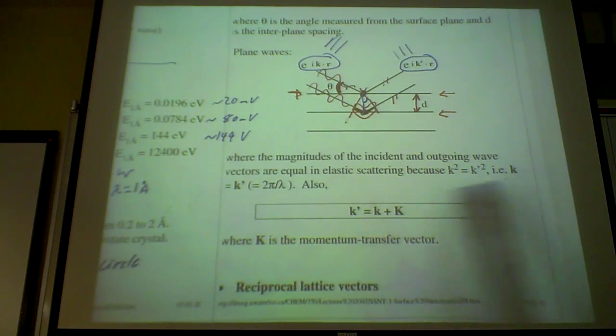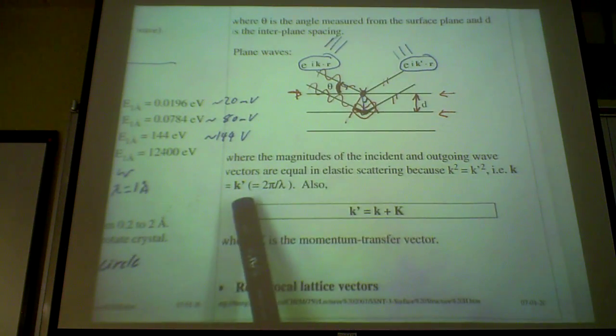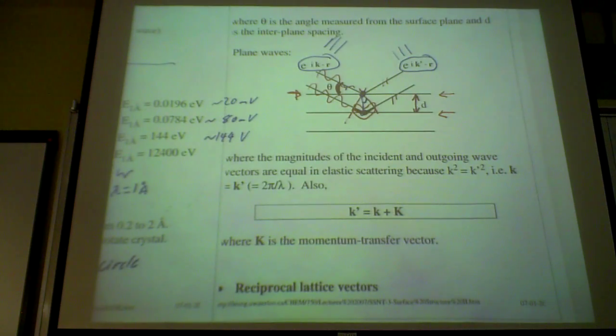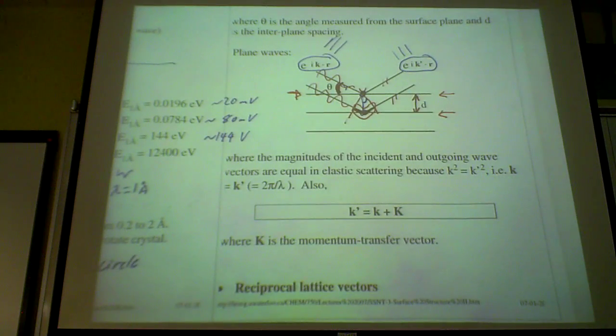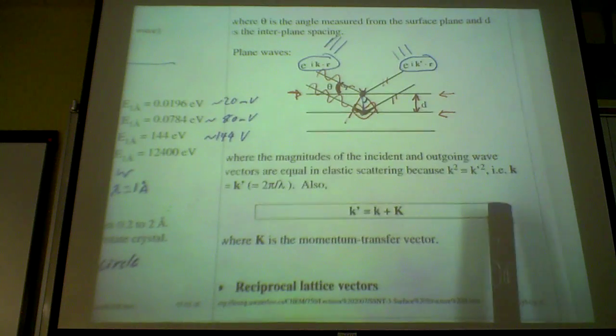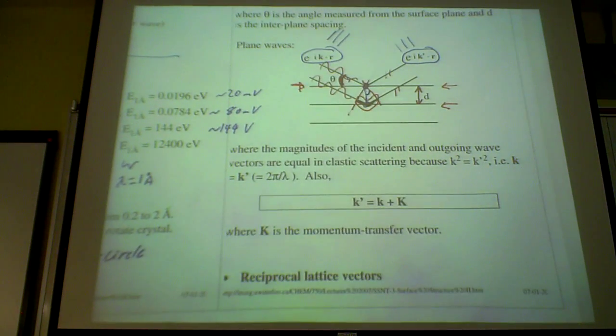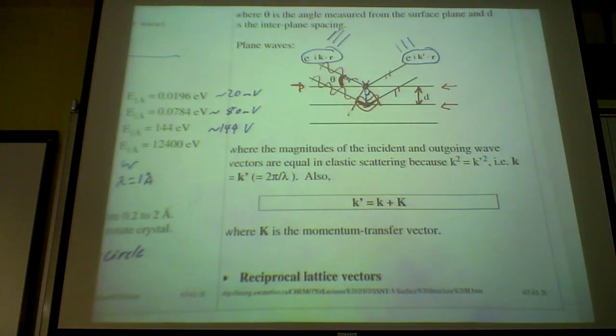And then you have k must be equal to k prime, equal to 2 pi divided by lambda, in order to satisfy this condition. But you realize, of course, k is a vector, so even though the magnitude, the square of this vector, the incoming wave vector, is equal to the outgoing wave vector, the square of those two, k and k prime, must be the same, but the direction has to change.